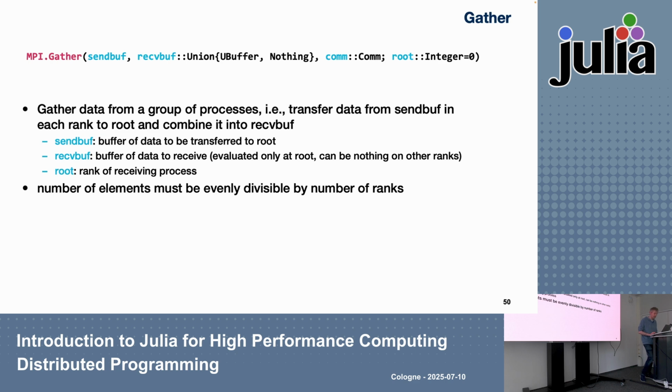And similar, the gather function, where, for example, the other ranks have their partial results and send them to the root, and the root then gathers all of the partial results, and then it can iterate over the vector of partial results to do something with it.